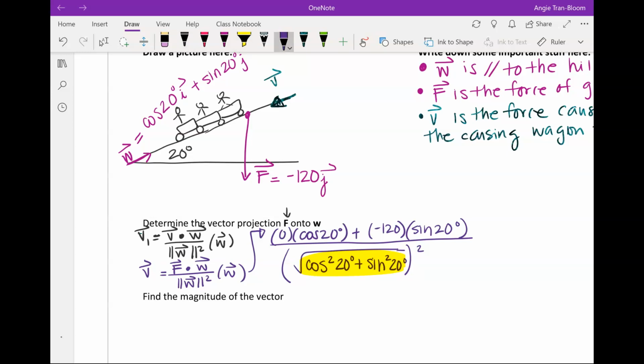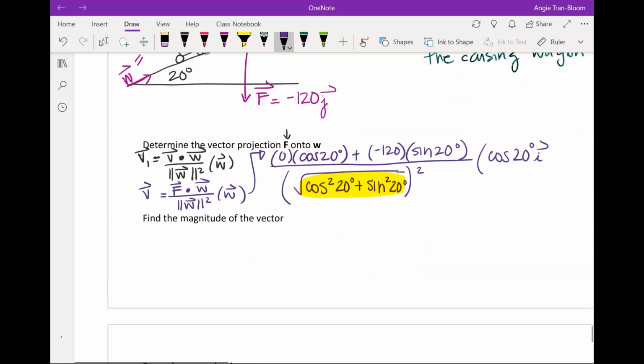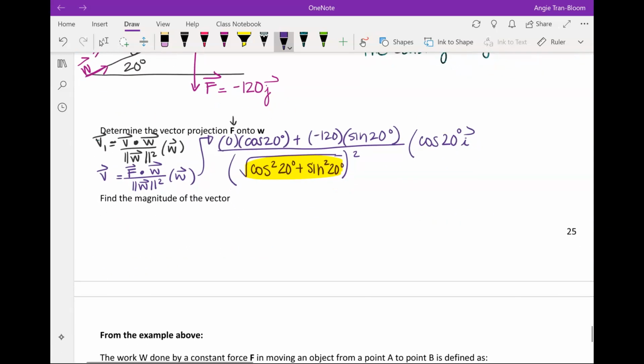Now I'm just going to multiply this by my vector W. This is the math behind the physics. And then when we do the physics, whatever way your physics teacher taught you, you connect the two. A couple of things are going to be canceled. Would you agree that obviously this will be gone? The bottom is 1, so do I need to even worry about it?